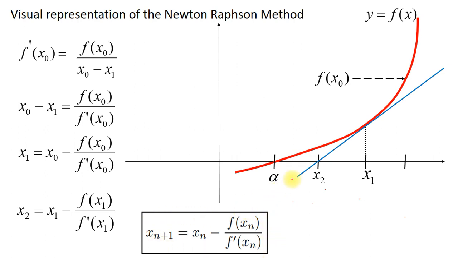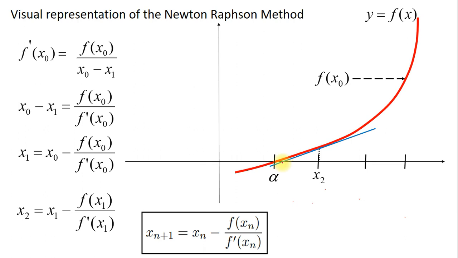Alright? Now, if I want to go even closer to the root, I have to repeat the process again. Now, what if I use x2? I draw a tangent. Can you see this time? The tangent at x2 intercepts the x-axis at an even closer point here.